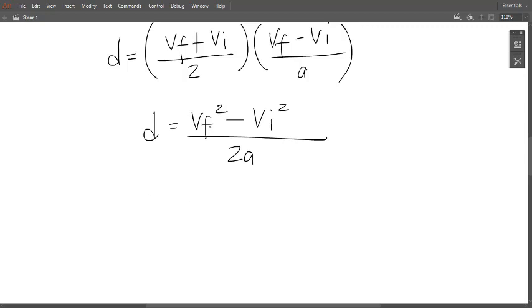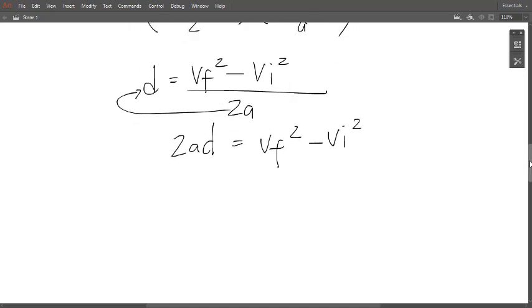So simplifying this number, we'll be placing 2a, we'll just be rearranging it. So we'll have 2ad is equal to final velocity squared minus initial velocity squared.